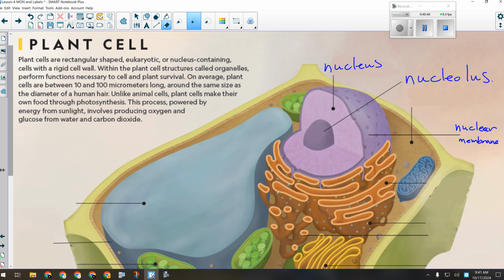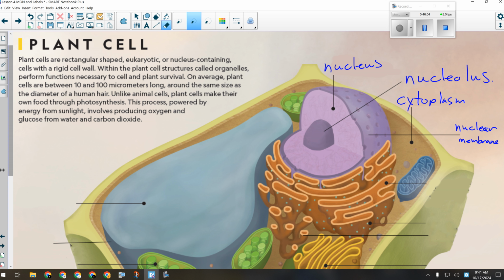What's the inside of the cell called? Cytoplasm. Cytoplasm is basically water. It's the fluid that fills up the cell. It's important that a cell is filled with fluid because that allows diffusion, which is how stuff moves throughout the cell, to occur.